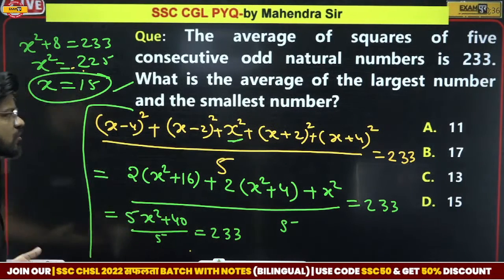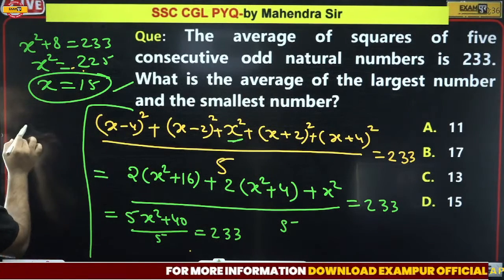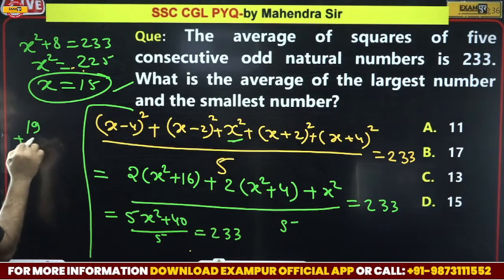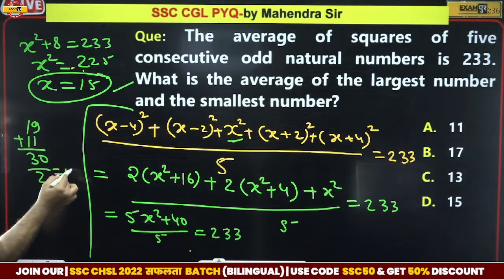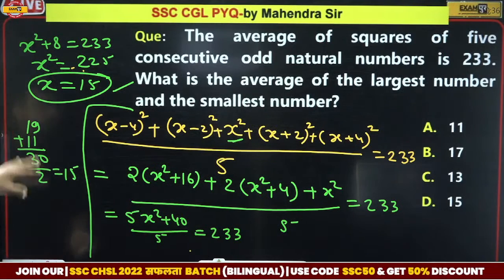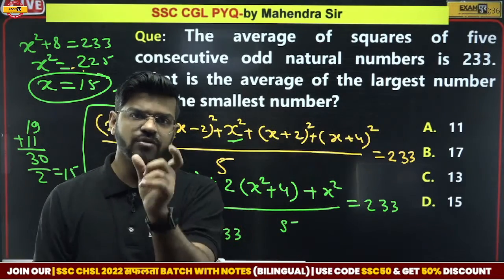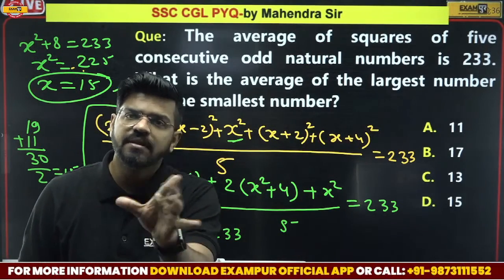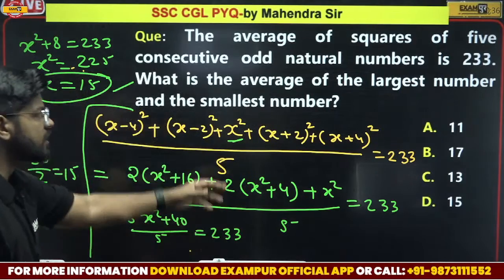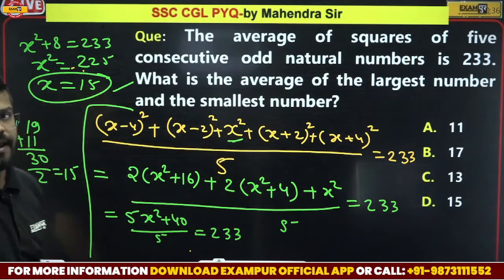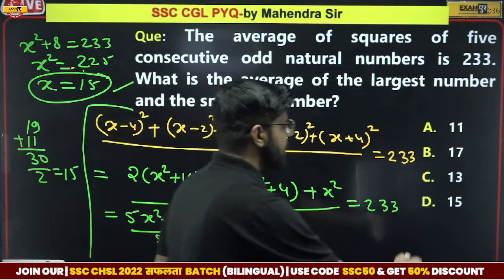Also you can write 15 plus 4, that means 19, and 15 minus 4, that means 11. You can take the average of these and you will get 15 also, but you don't have to do this, because we already know that the average of the first and last number will give you the average of the whole series, which is nothing but the middle number. And the middle number is x, that we have already calculated. Clear? So 15 is my right answer.